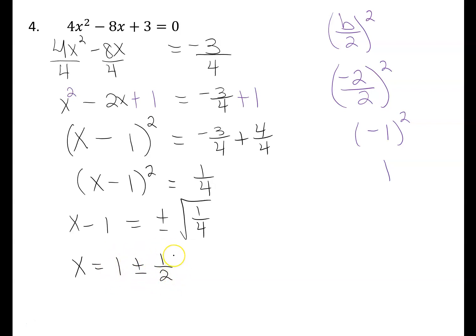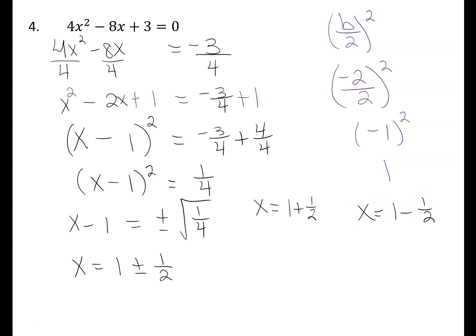We do not have an I, we do not have a radical. When that happens, you need to separate the plus and the minus. I think we saw that also on an example in section 1.4. So let's come over here and we need to calculate 1 plus 1/2 and 1 minus 1/2.